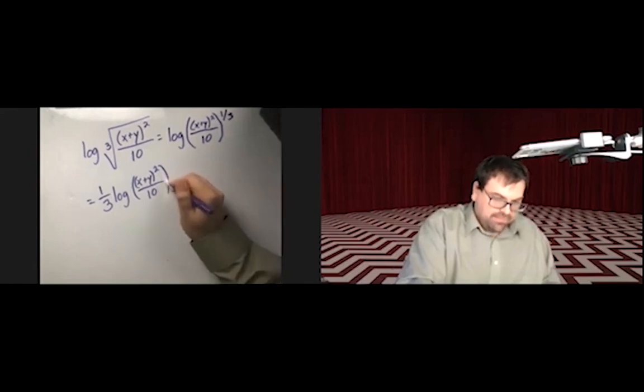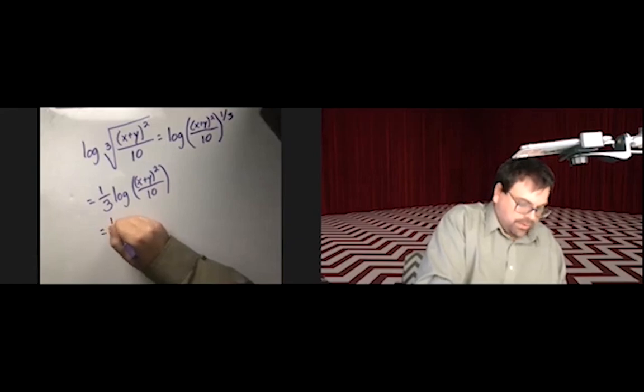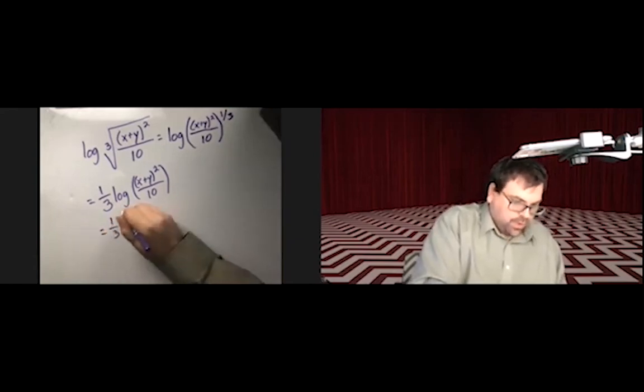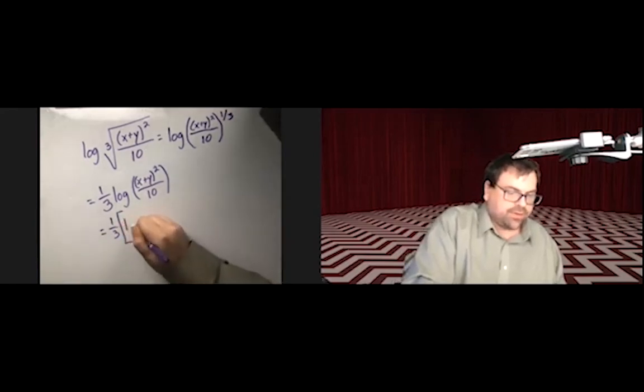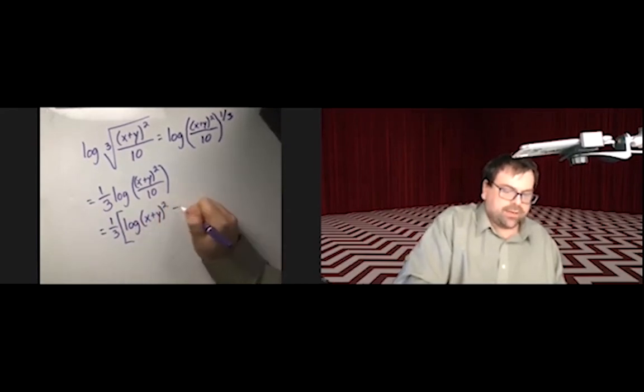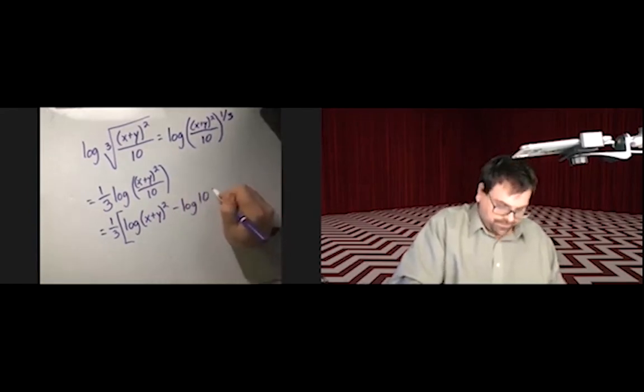We have division happening here. One-third is going to be times this log, which means it's going to be 1/3 times this difference. Log x plus y squared minus log of 10.